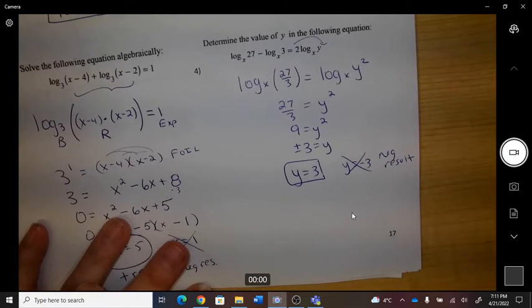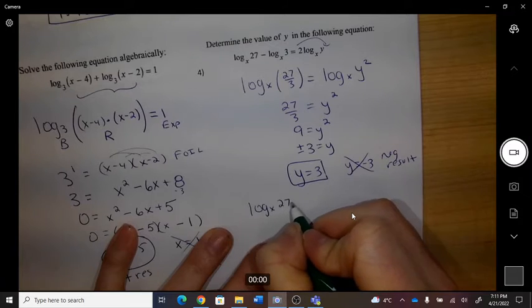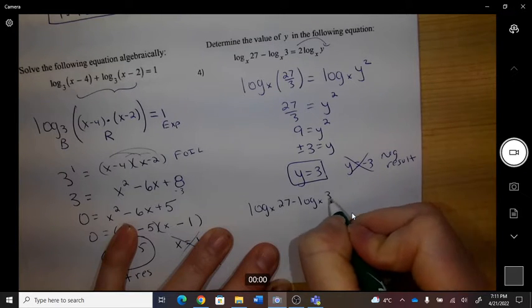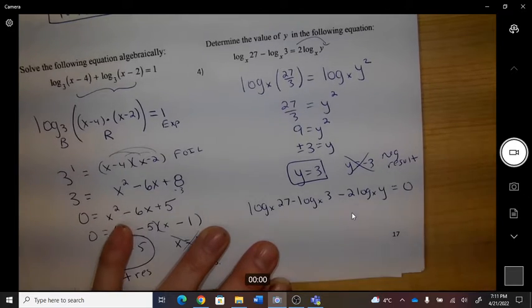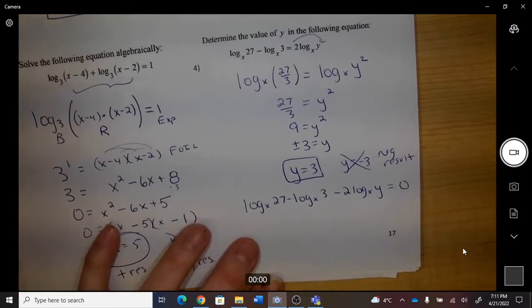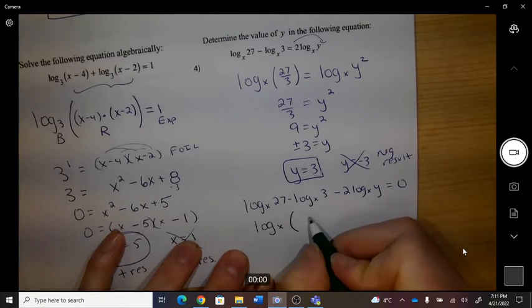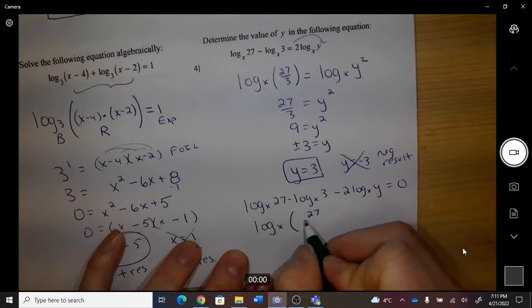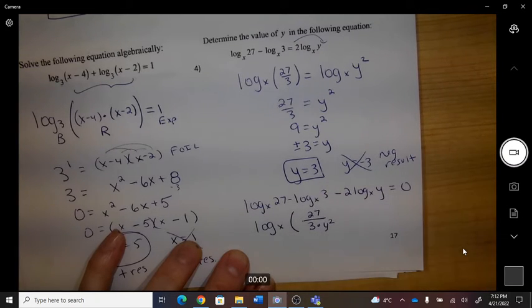Okay, if you had happened to do this, I'll show you if you had moved everything to one side, then that's what it would look like. And now you can collect these 3 together with the rules. So 27 divide by 3, and then the y squared would have to be in the bottom of that with the subtraction.